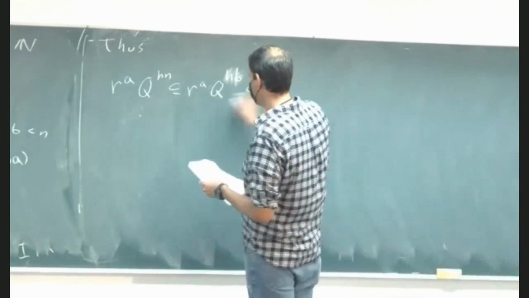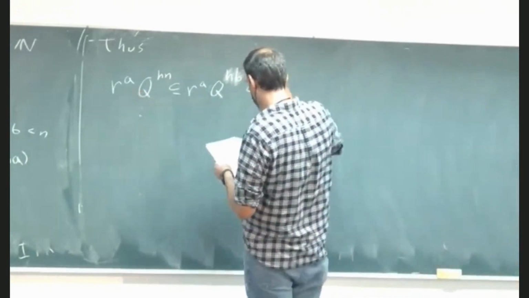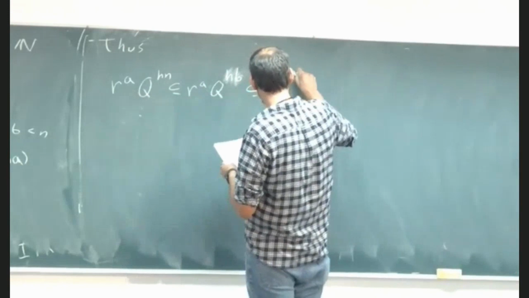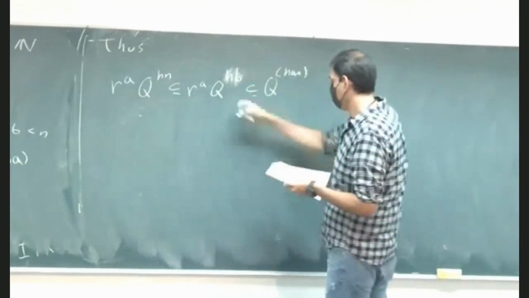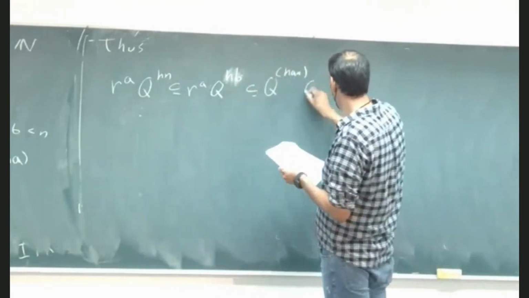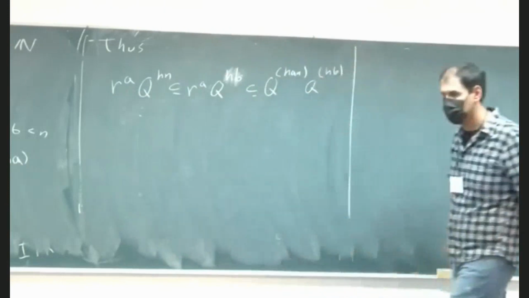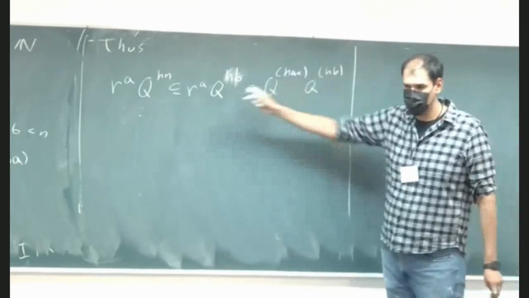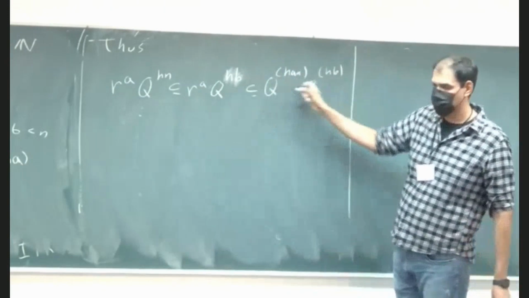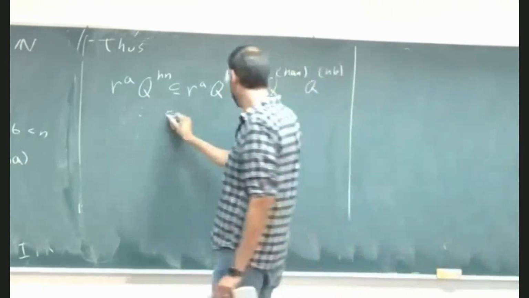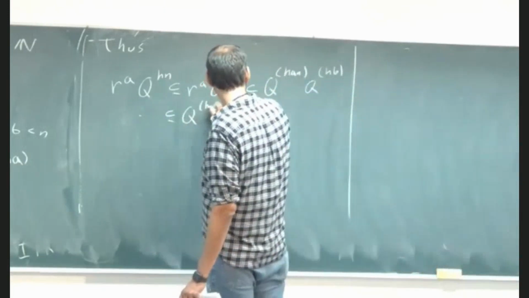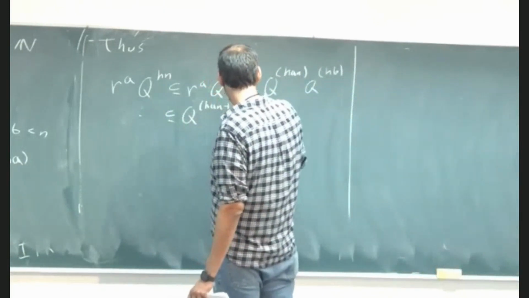So, and then we know that this element was in Q symbolic h a n, and this has to be in Q symbolic h b. Symbolic contains ordinary. And then this behaves well. So this is contained in Q symbolic h a n plus h b.